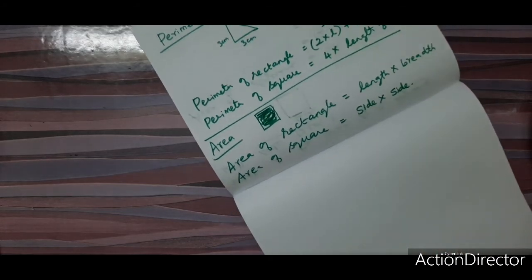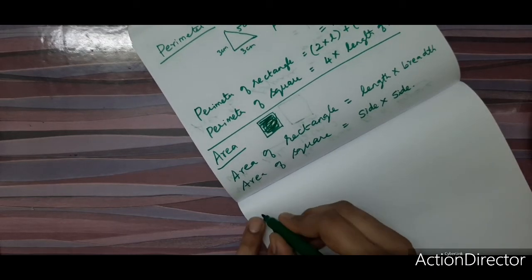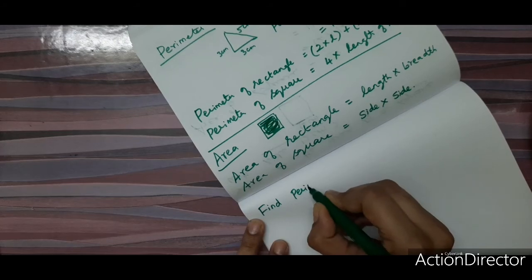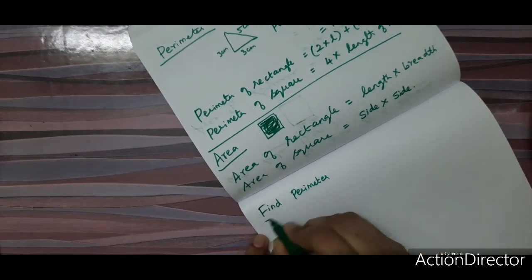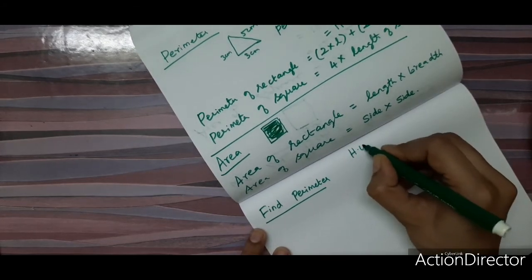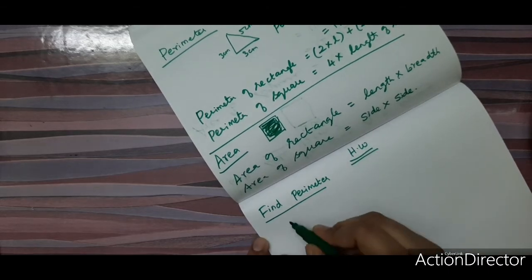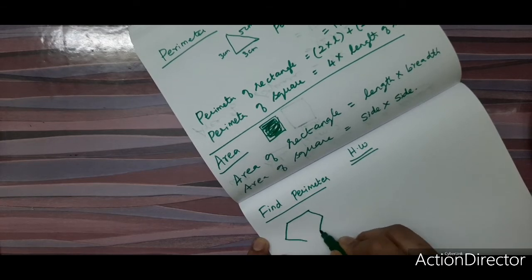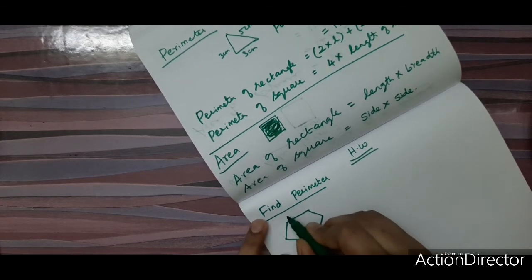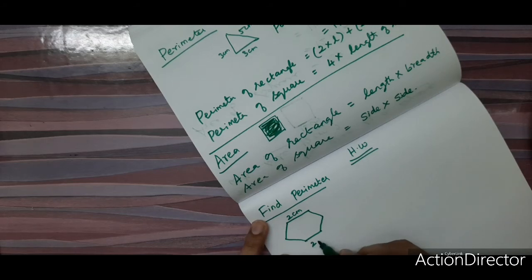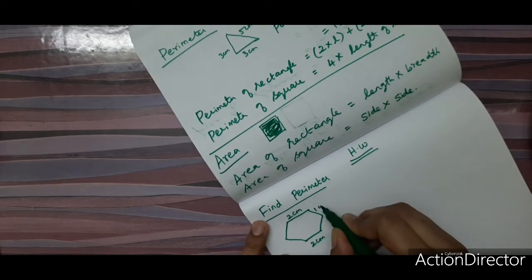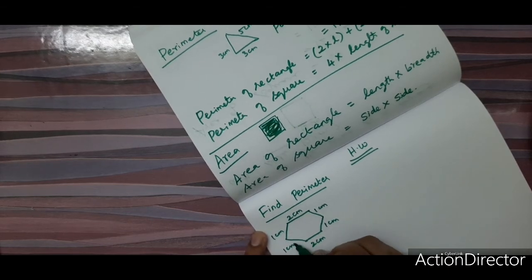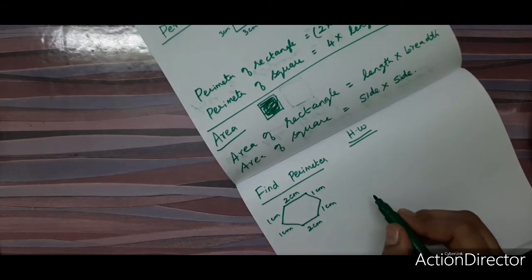I will give a few example sums. Please try these sums. Find the perimeter. Homework. This is 2 centimeter, this is 2 centimeter, 1 centimeter, 1 centimeter, 1 centimeter, 1 centimeter. So find the perimeter of this shape.